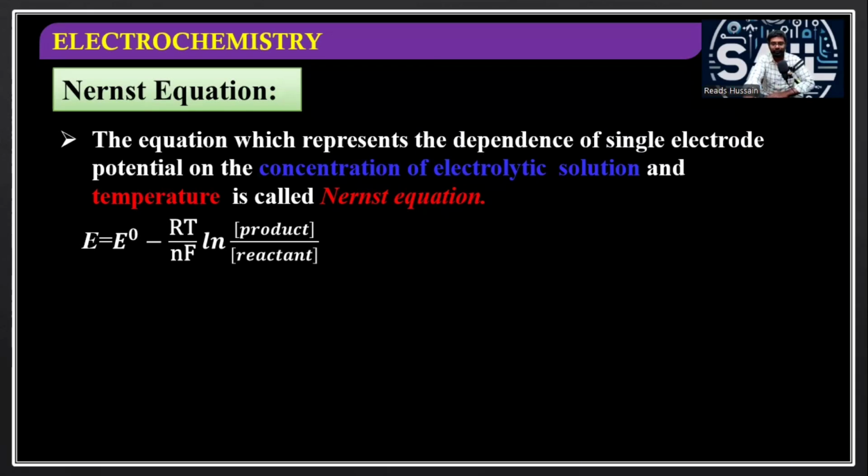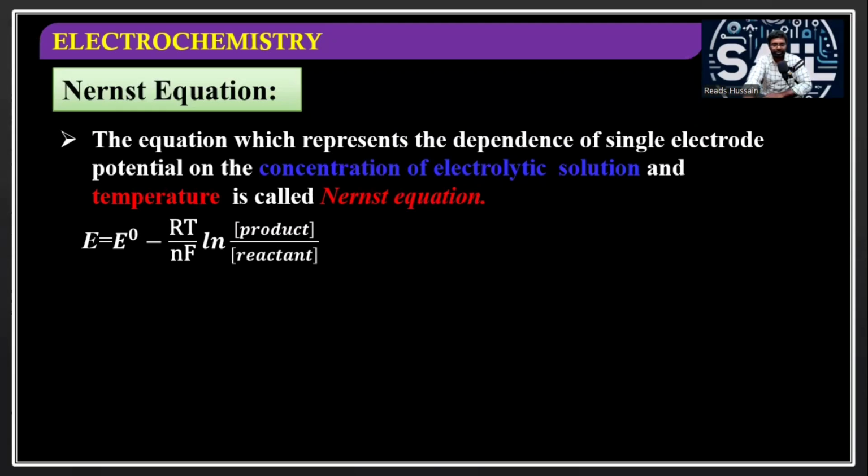And this is the Nernst equation: E is equal to E naught minus RT by nF ln of molar concentration of product by molar concentration of reactant. Note it down fast, all of you. Let me explain the meaning of this representation.